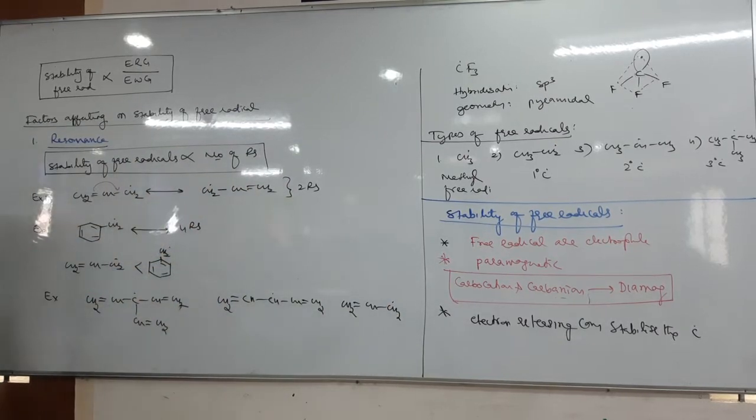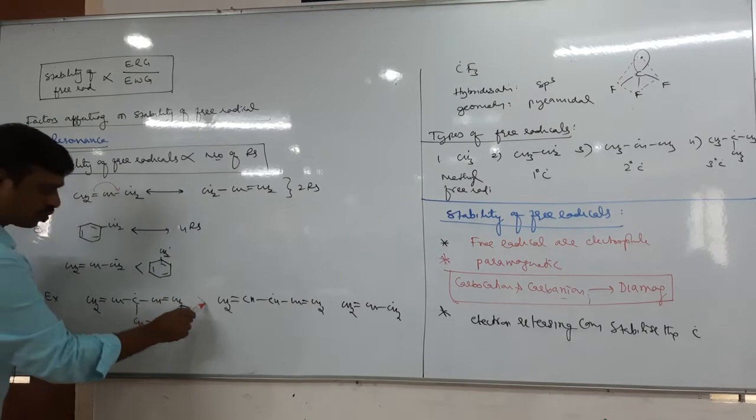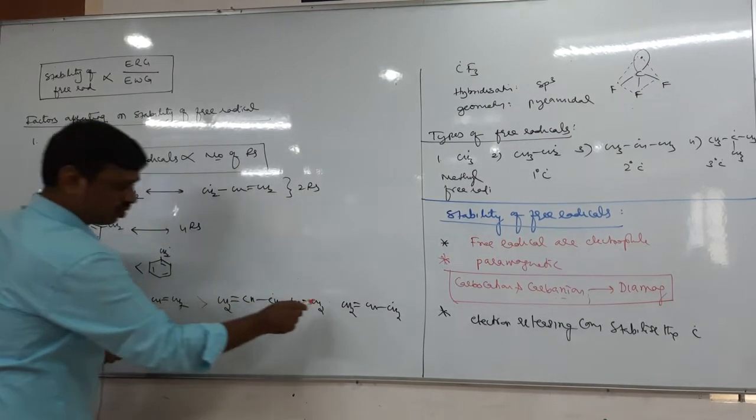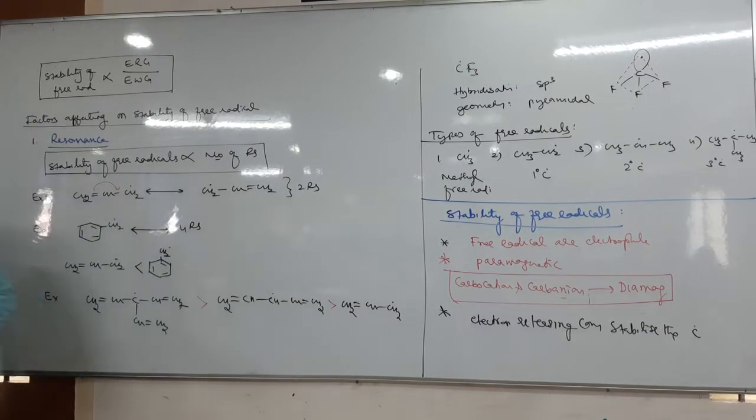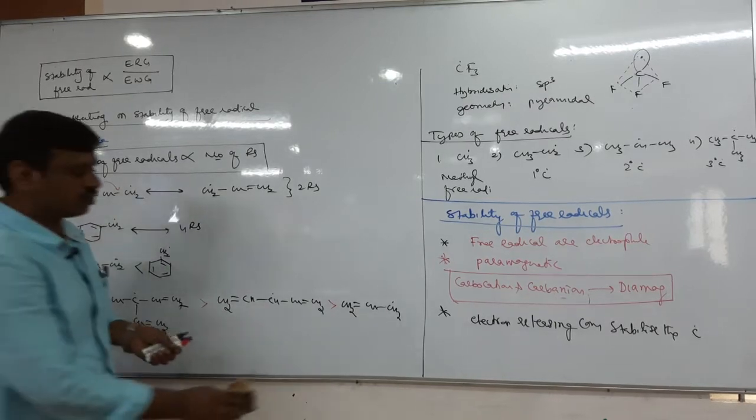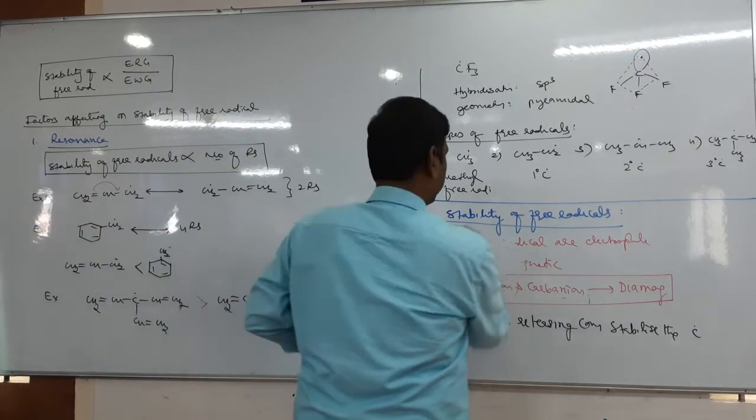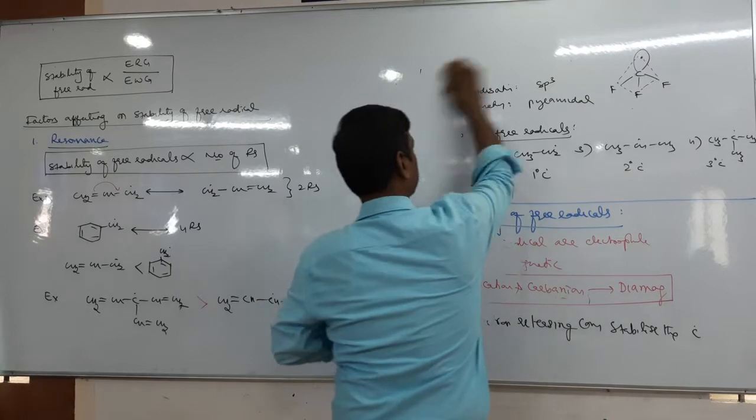Tell me, what is the order of stability of these? The first is most stable, then the second, then the third, because of the number of resonance structures.